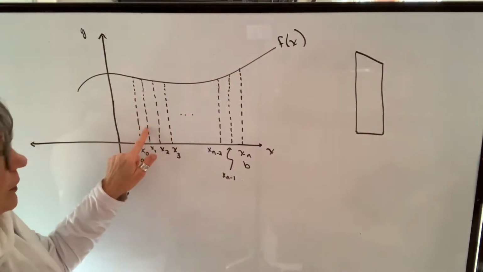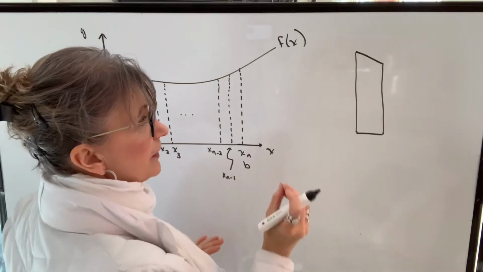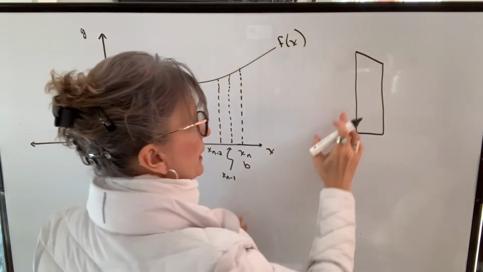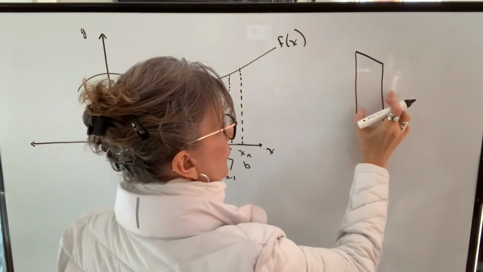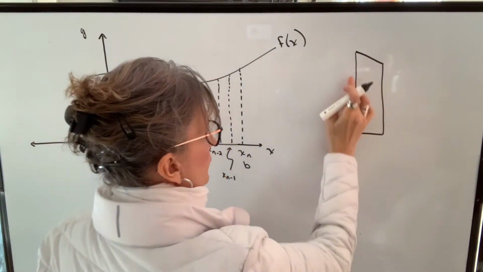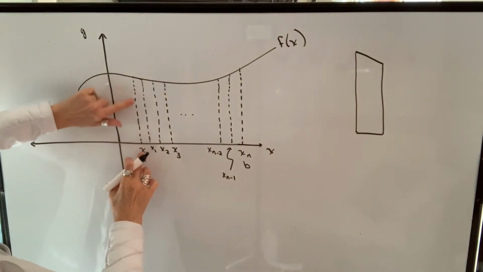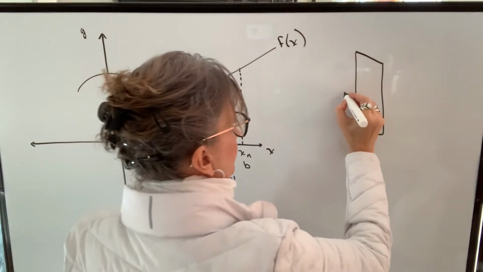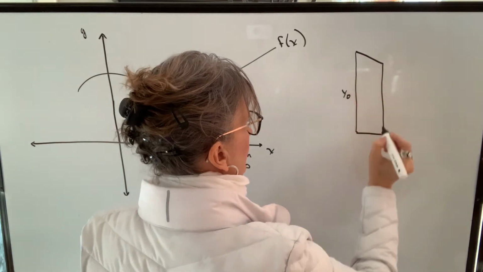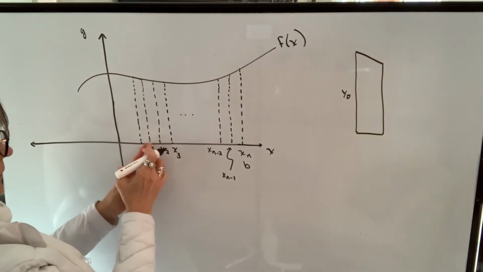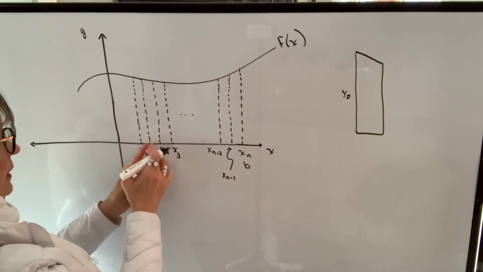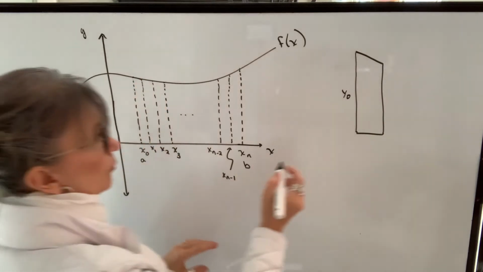If we were to take a look at the first trapezoid, the formula for the area of a trapezoid is the average of the two parallel sides. So this parallel side will be, if this is x sub 0, this length here will be y sub 0. And if this x point is x1, then this length here will be y1.